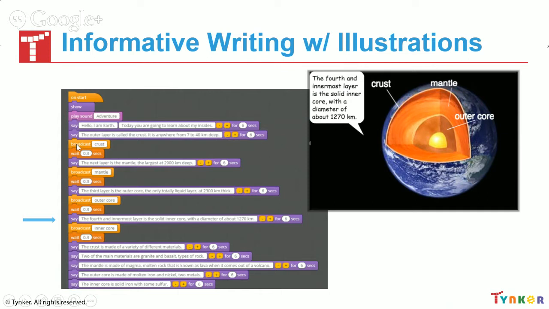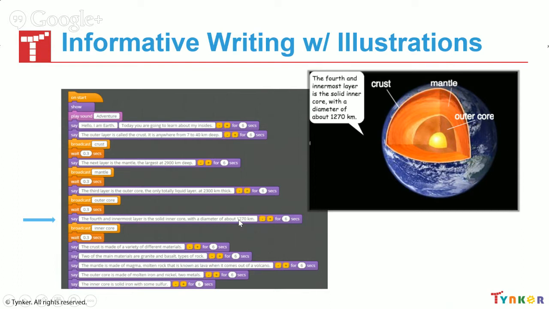I'm looking at the blocks here. So broadcast crust, wait 3.3 seconds, and then say the next layer of the mantle is the largest. So what they're doing is animating in the labels here, crust, mantle, and outer core. And as the labels animate in, the facts are displaying on the screen.